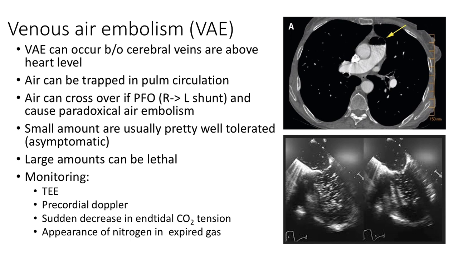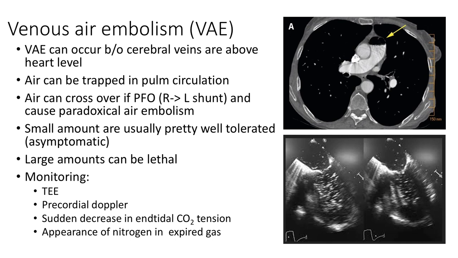So if your brain is above heart level, that can be a cause for venous air embolism, because if there's a preload fluctuation, low preload, then with opened cerebral veins, air gets sucked in and enters the circulation. The air from the surgical field will then be trapped primarily in the pulmonary circulation. As you see in the CT scan, also marked with the arrow, there is air trapped in your pulmonary artery.